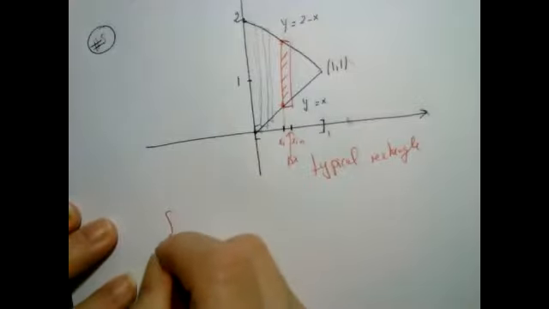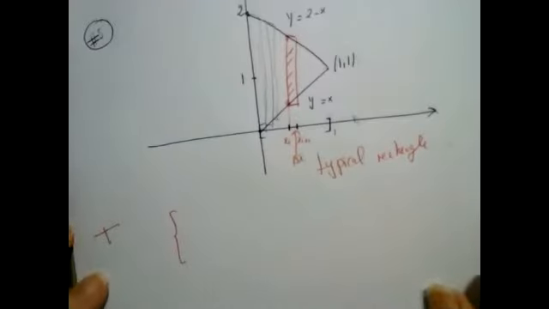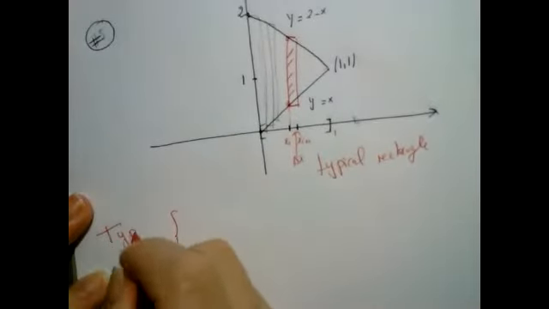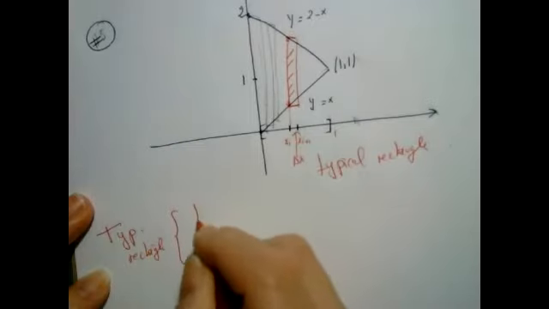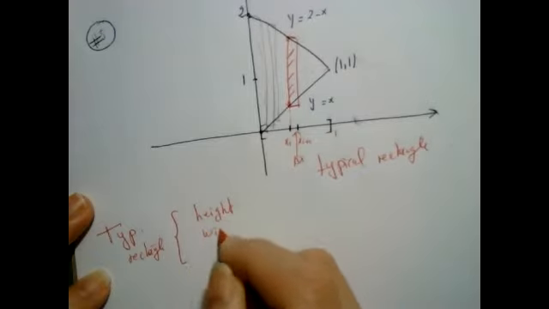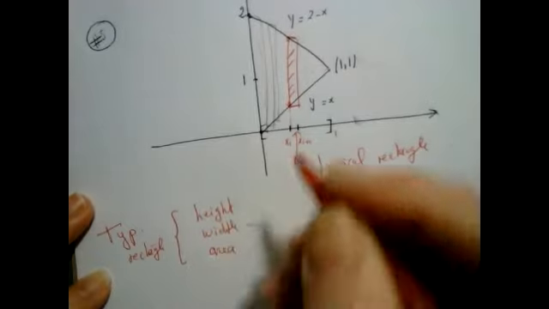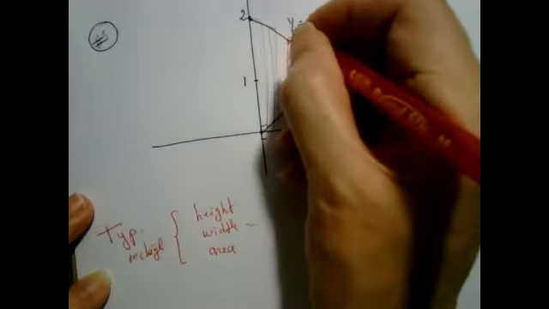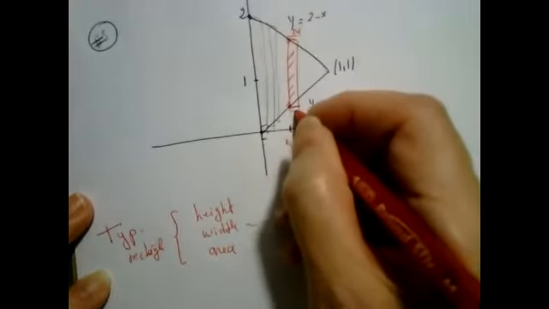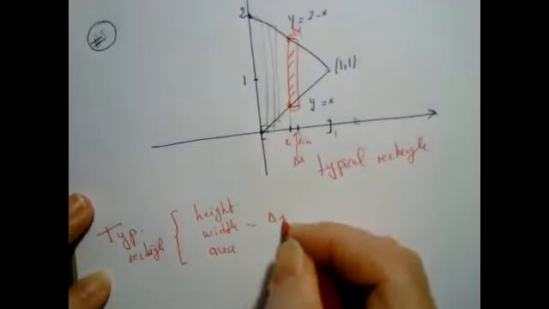I focus on my typical rectangle and do everything for it: the height of it, its width, and its area. The width is always the delta x, from here to here.